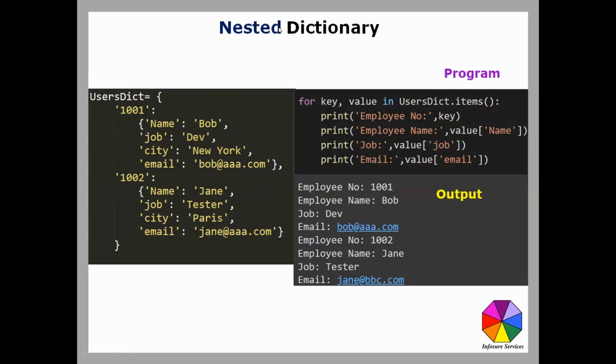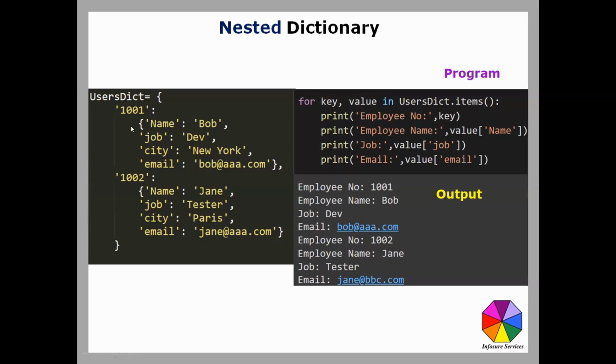You can nest one dictionary inside another dictionary. So I have an inner dictionary which has some further key values: name Bob, job developer, city New York, email bob@reply.com.